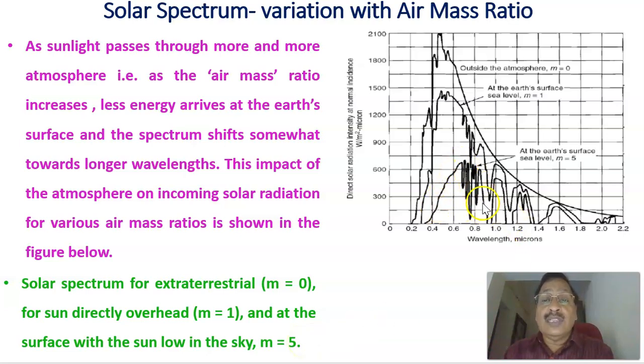Therefore, the amount of solar energy coming is getting reduced as well. This shows the variation of the solar spectrum for different air mass ratios. This is m equal to 0, this is m equal to 1, this is m equal to 5.